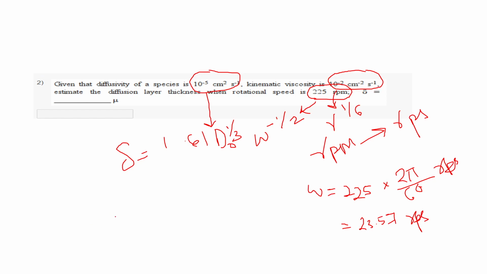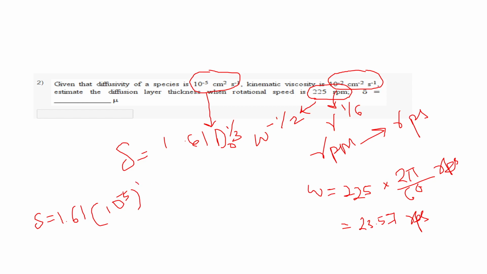Now, how do you find out del? 1.61 times D0, which is 10 to the power minus 5 centimeter square per second. You don't have to convert it.